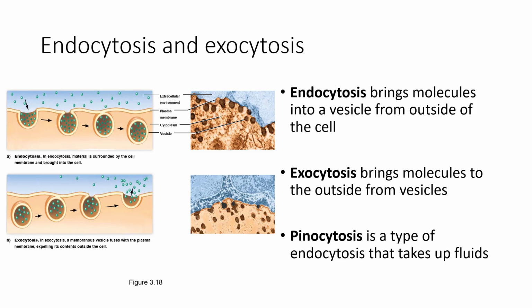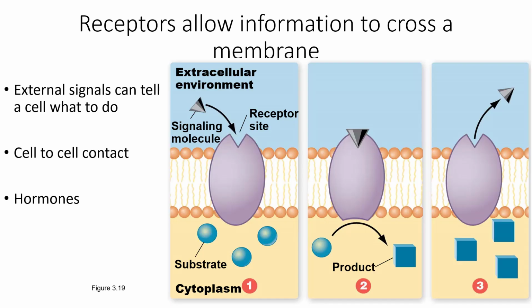So, we've covered water, we've covered small molecules, we've covered small molecules that require transporters, we've covered small molecules that require transporters to move against their gradients, and we have now covered large molecules. What about information? Receptors will allow information to cross a membrane. A signaling molecule will bind to a receptor and cause a response in the receptor.